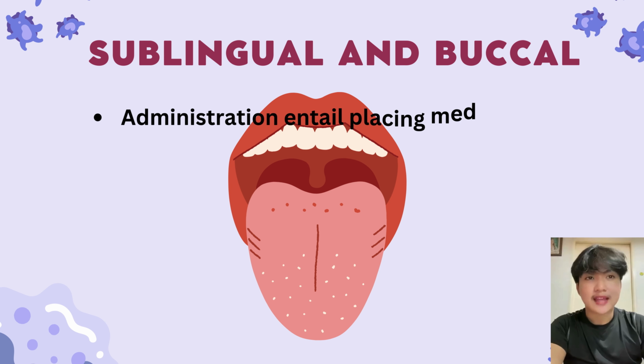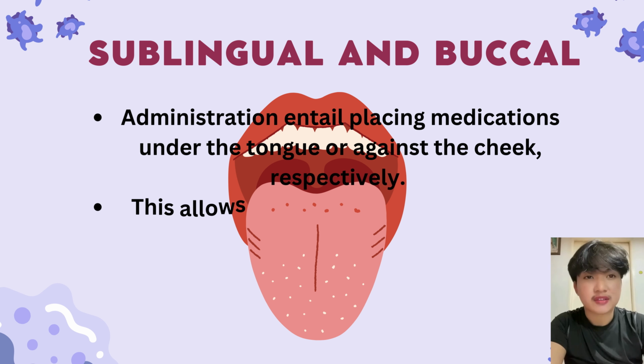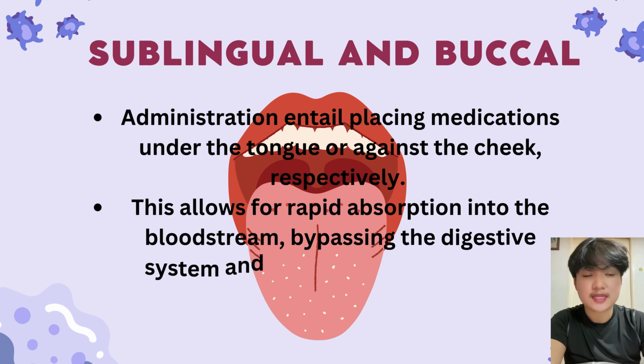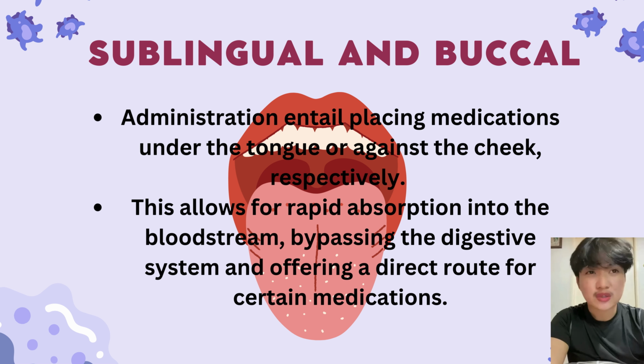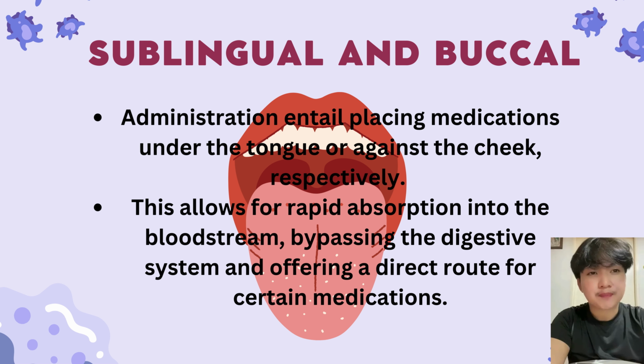Sublingual and buccal administration entail placing medication under the tongue or against the cheek, respectively. This allows for rapid absorption into the bloodstream, bypassing the digestive system and offering a direct route for certain medications. So this kind of route is very common, and the main focus of this route is rapid absorption of the medication.